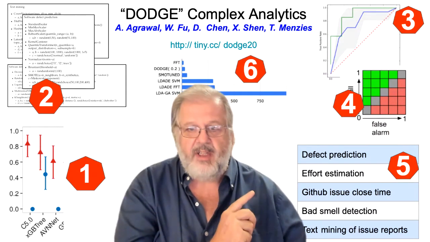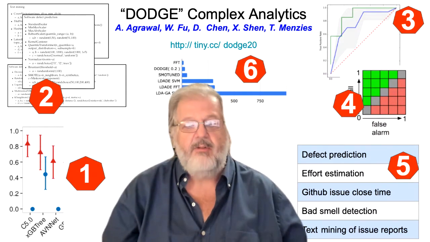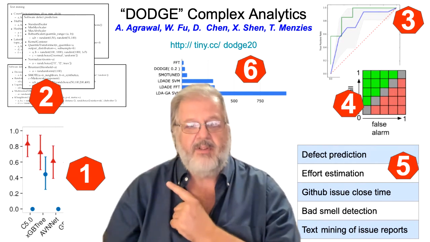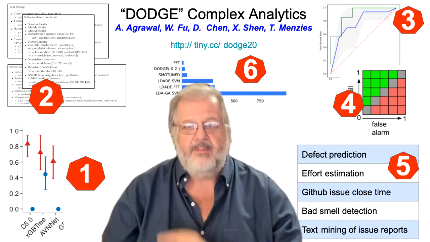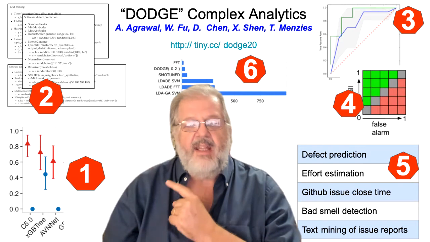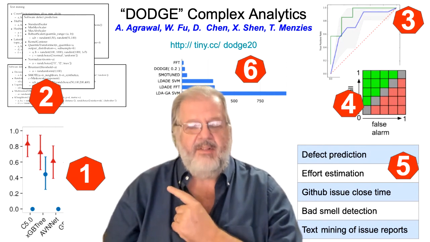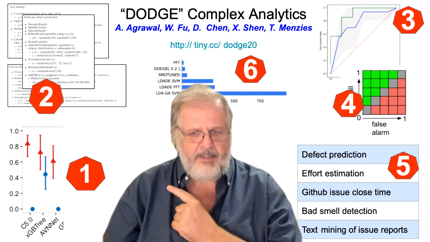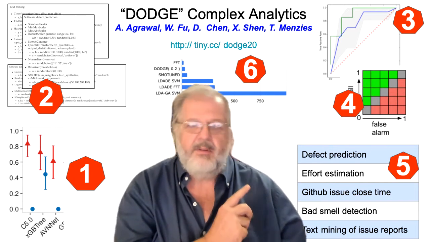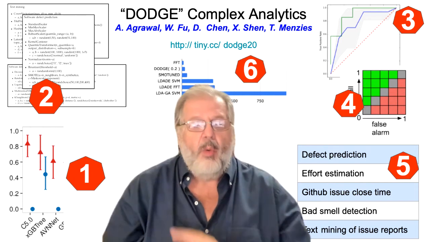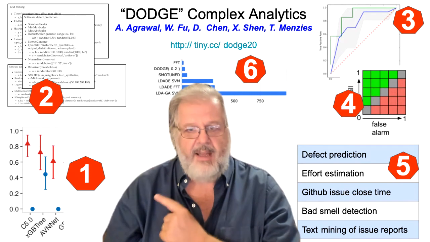So what DODGE does is that firstly, it runs any one of these parameters at random and writes down the result. Then it runs any other one at random, and if the second result has performance within epsilon, say 0.2, of the first one, we mark those 2 results as equivalent.